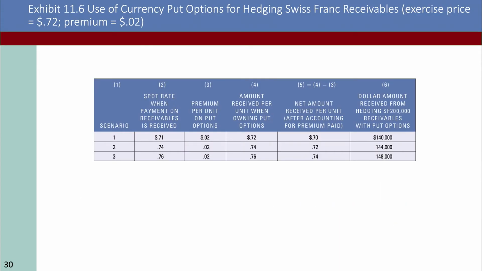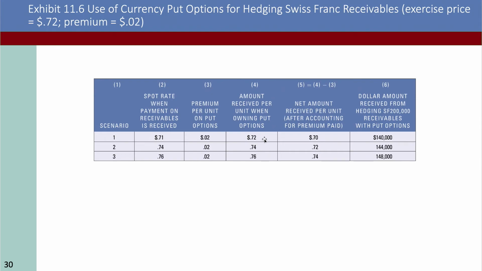graphic to explain that. The textbook assumes that there are 3 scenarios, scenario 1 to 3. They give you different probabilities: 20%, 40%, 40%. They say that at the end of the 6 months, the spot rate will be either 0.71, 0.74, or 0.76. Here's the premium, the third column: 2 pennies, 2 pennies, 2 pennies. Column number 4 is the amount received per unit when owning the put option.